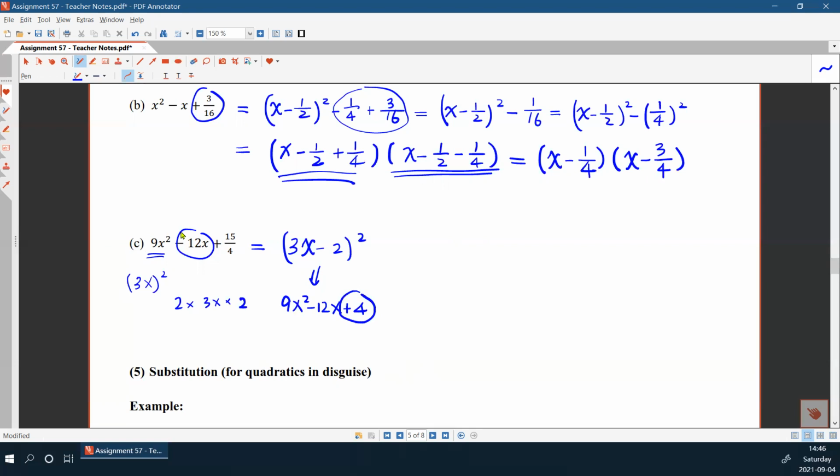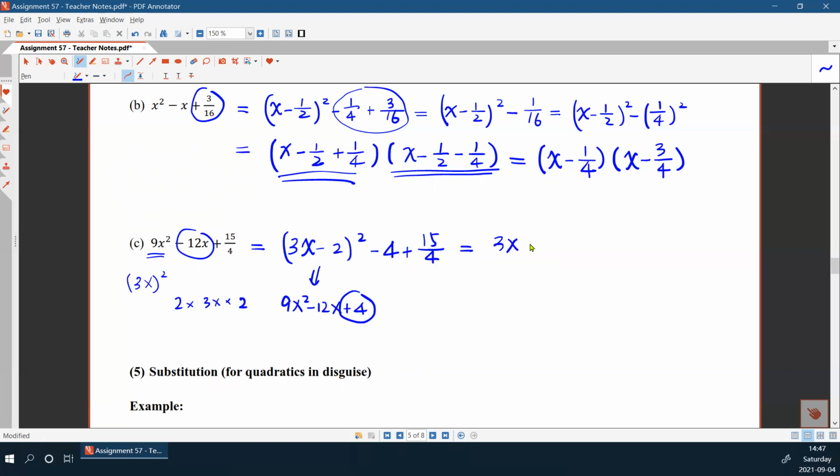There is no plus 4 in the original expression, so we need to subtract 4 from the 3x minus 2 to the power of 2. And then this is actually the first two terms, right? And there is another term, plus 15 over 4. So we can just add this term at the back.